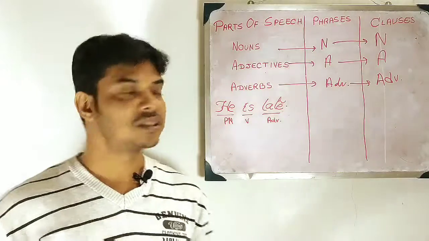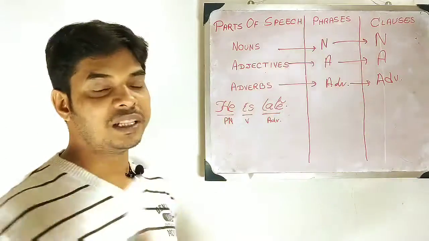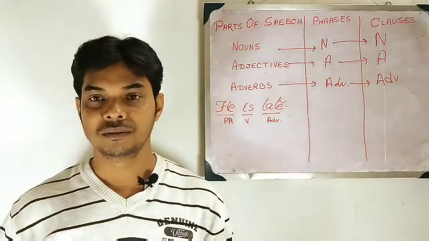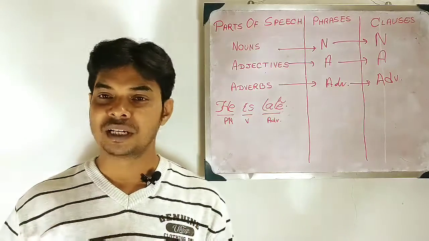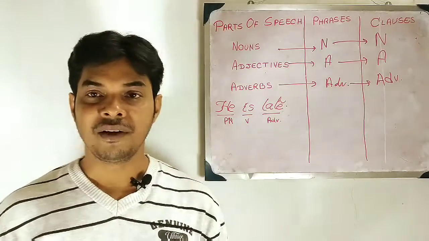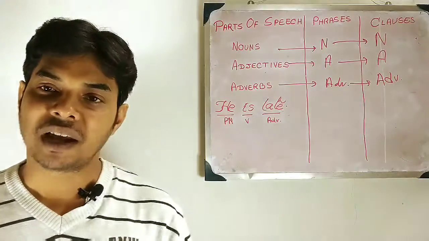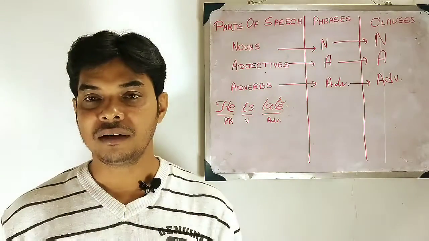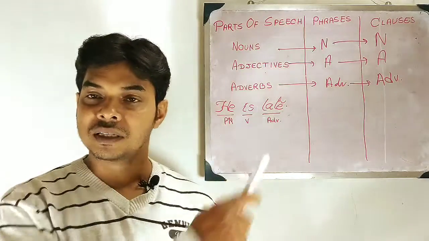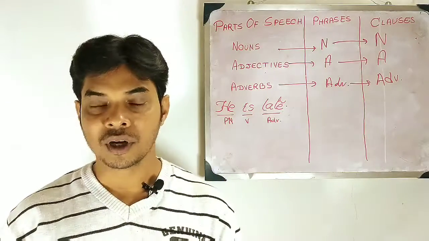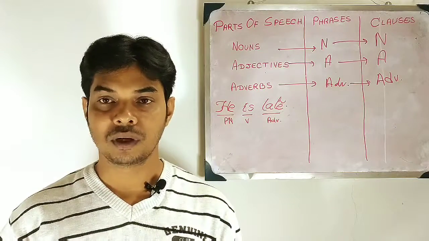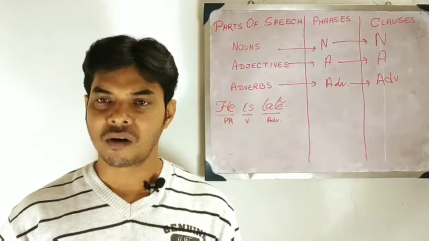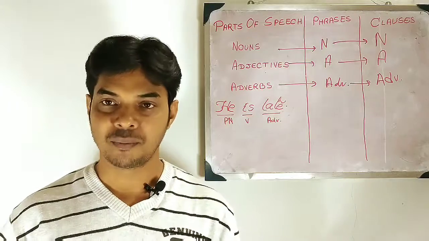So where lies the difference between phrases and clauses when they are both groups of words? The difference is very simple. In phrases, you would get a group of words, but there you won't find any finite verb. But in clauses, you would find a group of words with a finite verb, a subject of its own, and sometimes an object or a complement, whatever it may be.